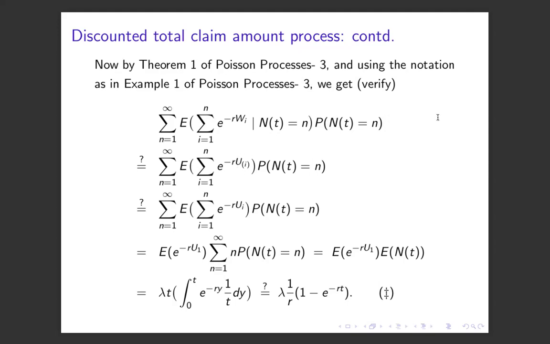For each n, U1, U2, ..., Un is a sequence of independent IID random variables, uniformly distributed over 0 to t, the interval 0 to little t. All these things marked with a question mark here are something which you have to convince yourselves.